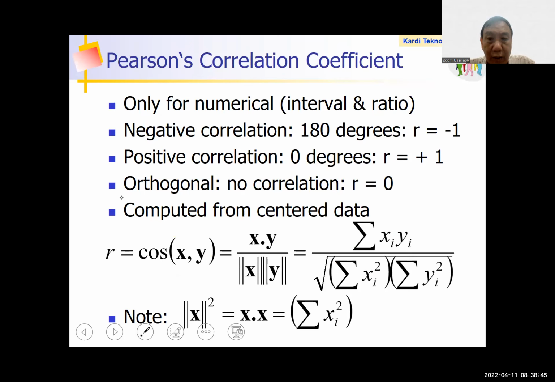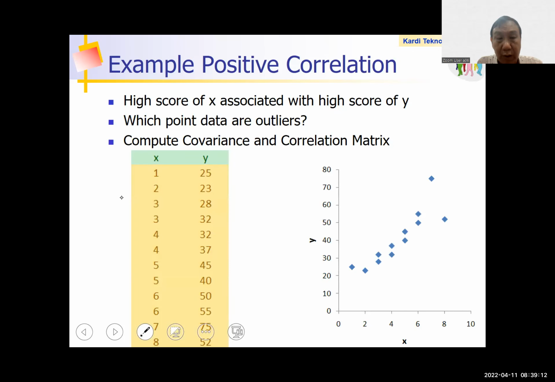If you have 0 to +1, you have positive correlation. If you have no correlation between two variables, this is called orthogonal. Why orthogonal? Because correlation can be seen as an angle between two factors. We will discuss how in a moment.